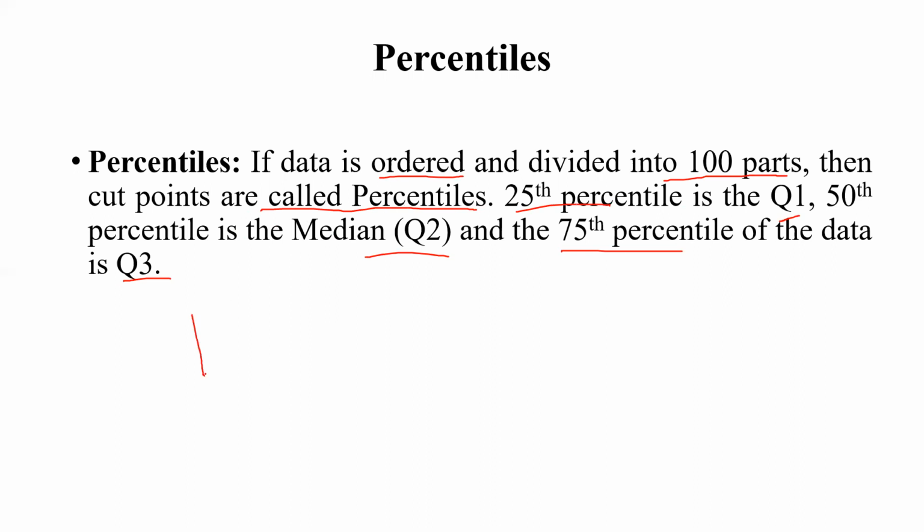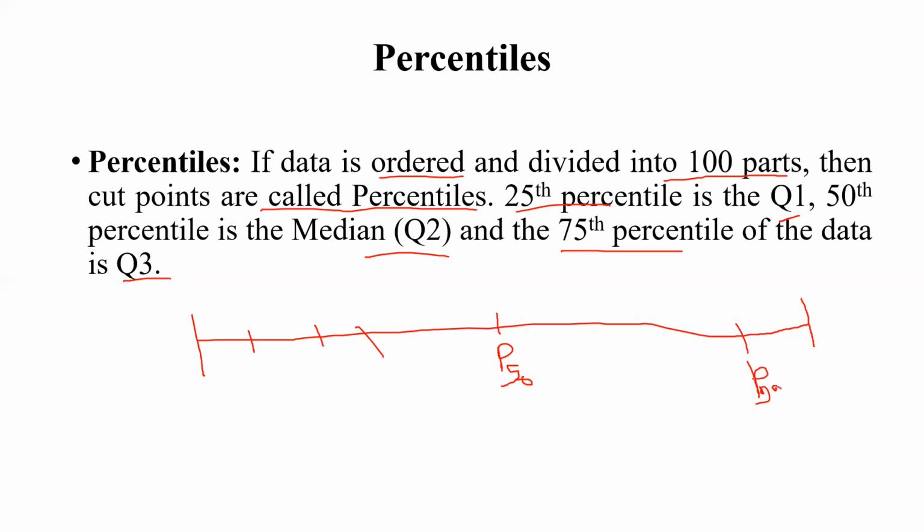That means, as we know, the median divides the whole data set into two equal parts, quartiles divide it into four equal parts, deciles divide it into 10 equal parts, and percentiles divide it into 100 equal parts. Here there would be 99 cut points, P1 up to P99.